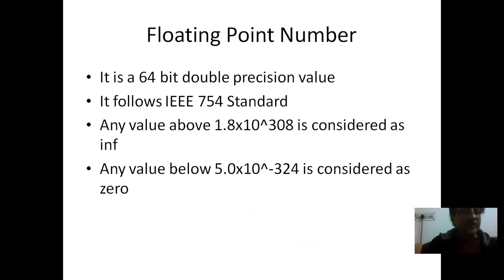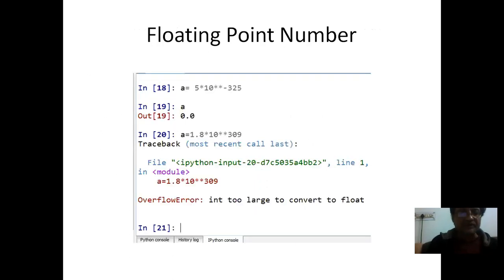Now the floating point number I discussed. It is a 64-bit double precision value. It follows the IEEE 754 standard. Any value above 1.8 multiplied by 10 to the power 308 is considered infinite, and any value below 5 multiplied by 10 to the power minus 324 is considered 0. This is the floating point number concept. And the floating point multiplication you can check, just now I have shown.